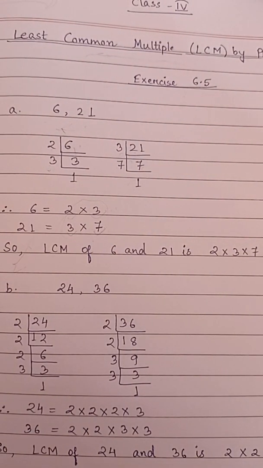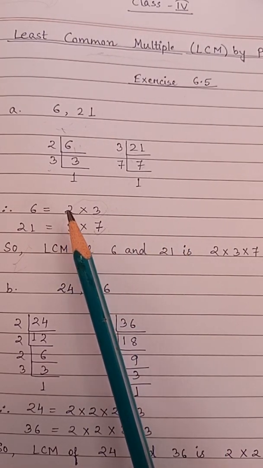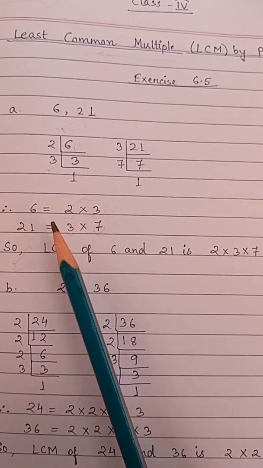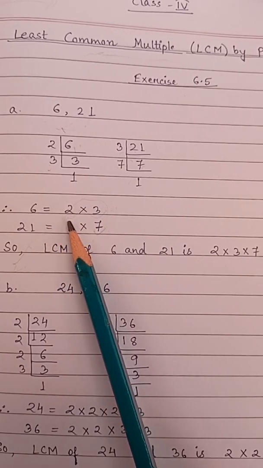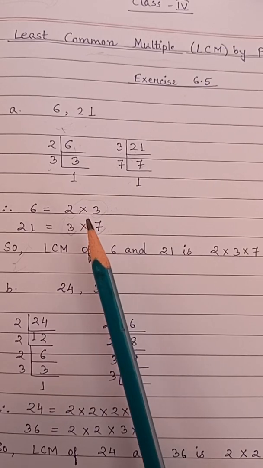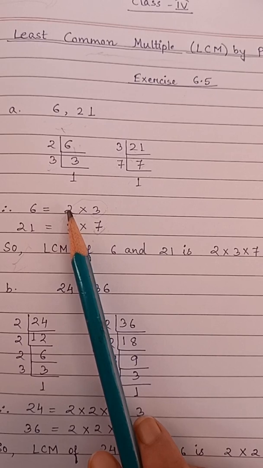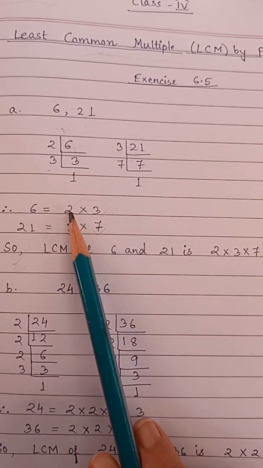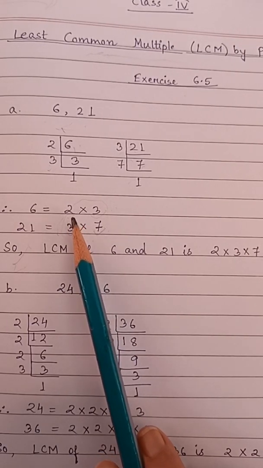So we take the largest number of occurrences to find the LCM. 2 occurs only one time, but we have to take it, because for LCM we need the largest number of occurrences, whether it is common or not. So 2 is not common in 6 and 21, right? But we have to take it for LCM.